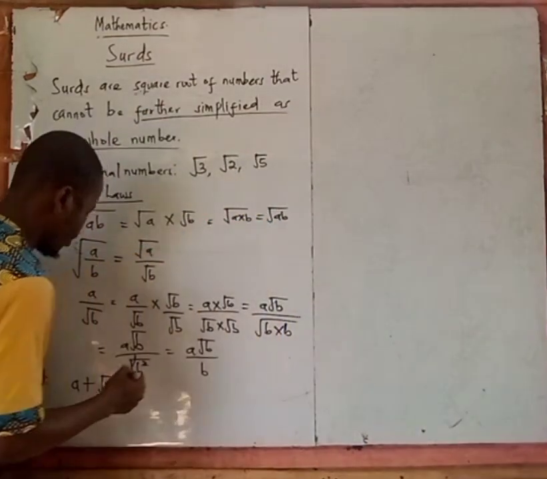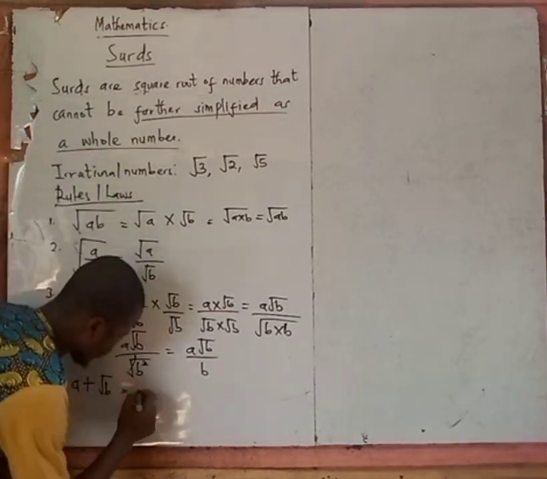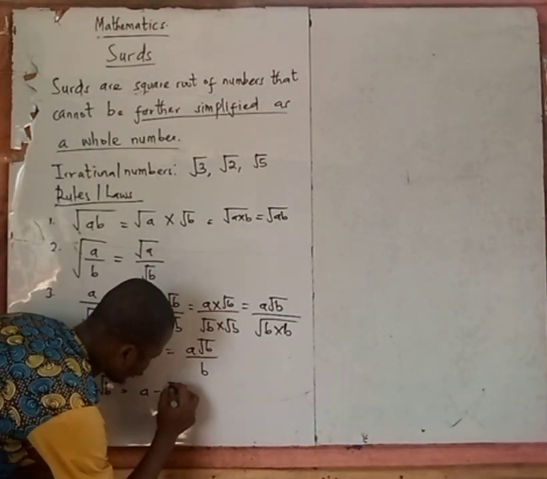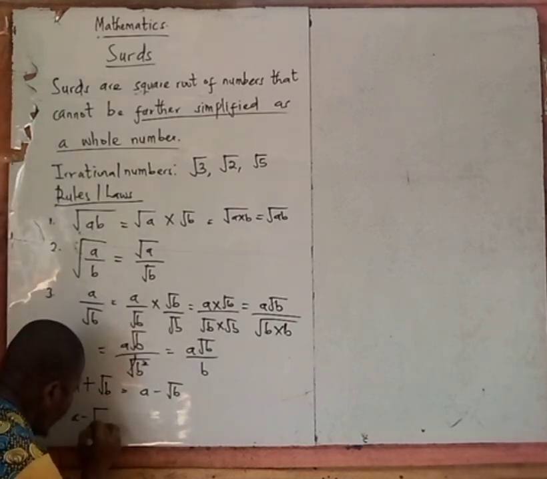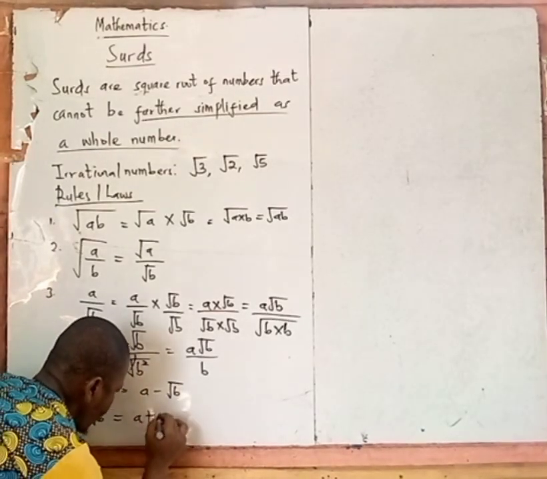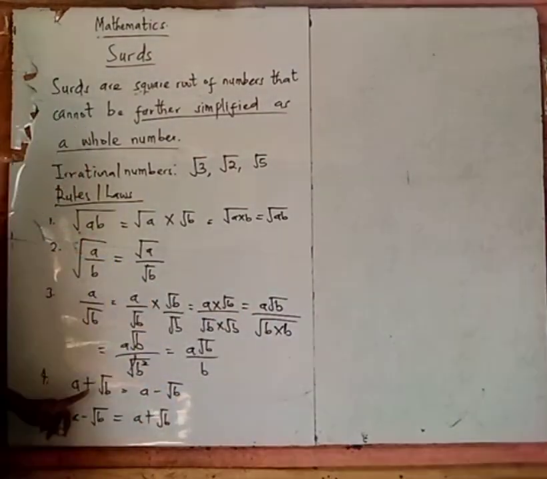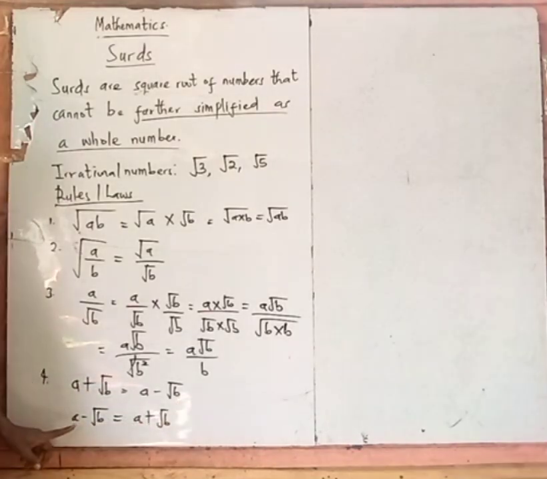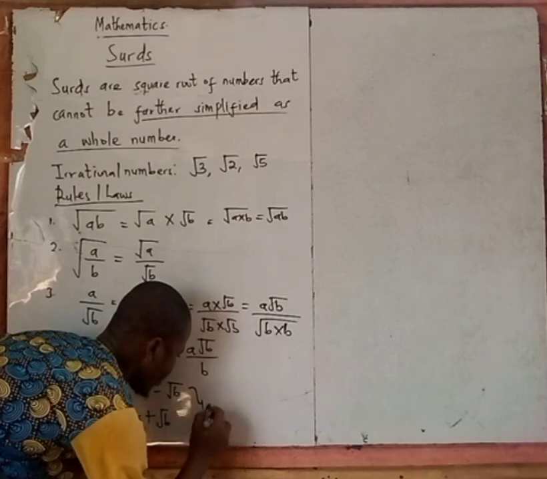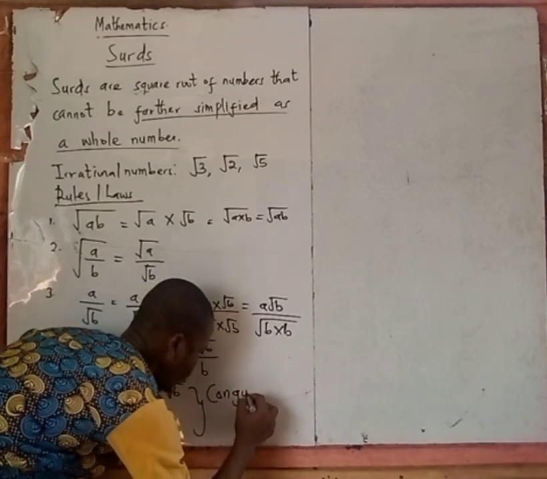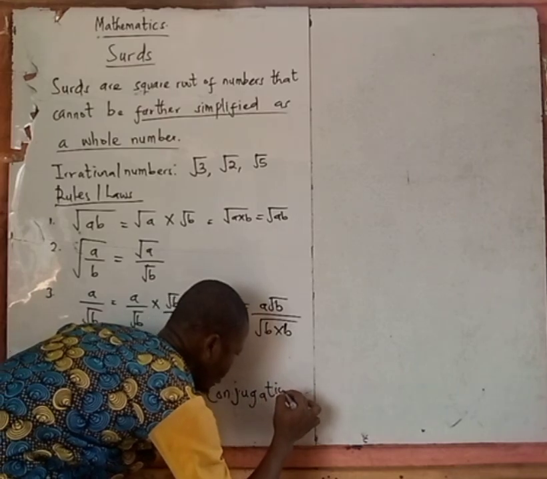So in this case, if I conjugate this, it gives us a minus root b. Also, if you have a minus root b, it gives us a plus root b. So they are vice versa of each other. If you have a plus root b, it gives us what? A minus root b. If you have a minus root b, it gives us what? A plus root b. So this process is called conjugation of surds. You are conjugating the surd.